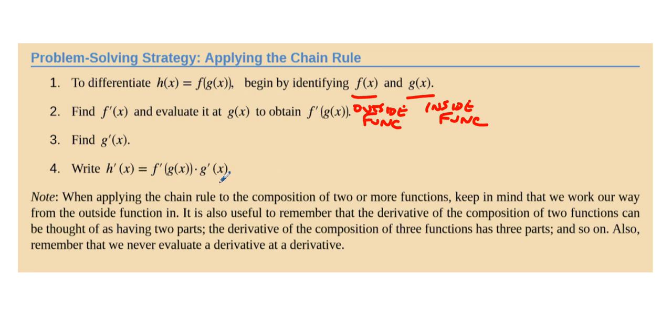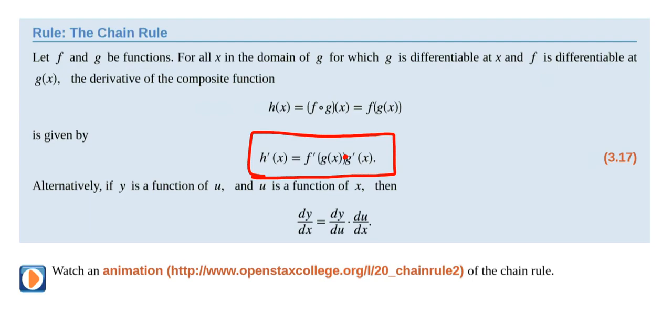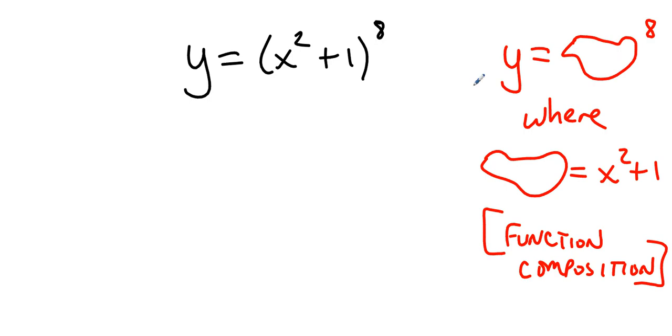This is a situation where our functions have layers. Ogres have layers, onions have layers. This function has layers. The outermost layer, the f of x, is the function that raises things to the 8th power. It is the chicken nugget function. It is the function that raises things to the 8th power.